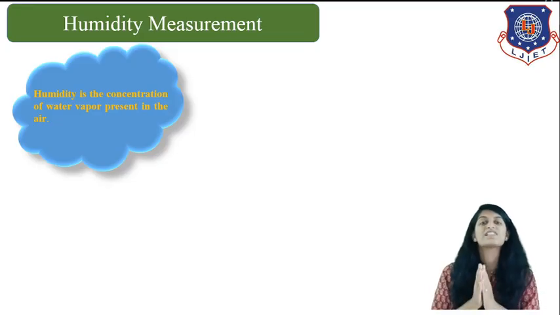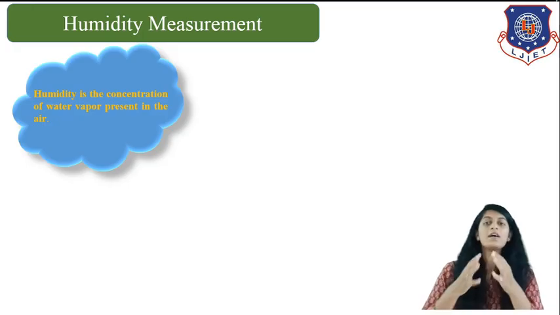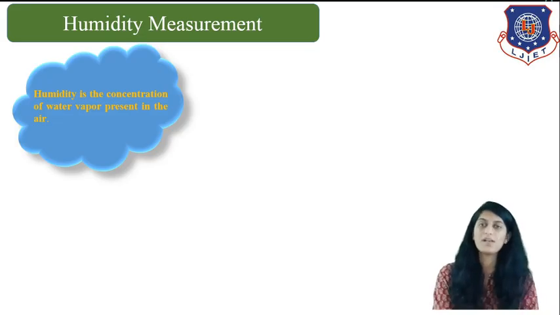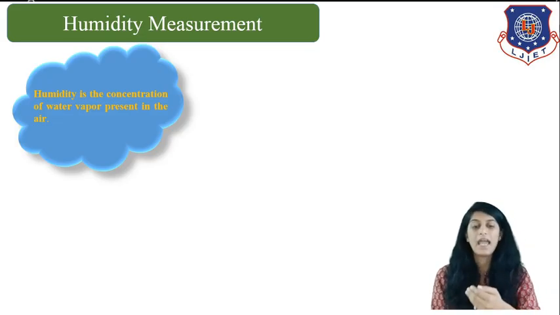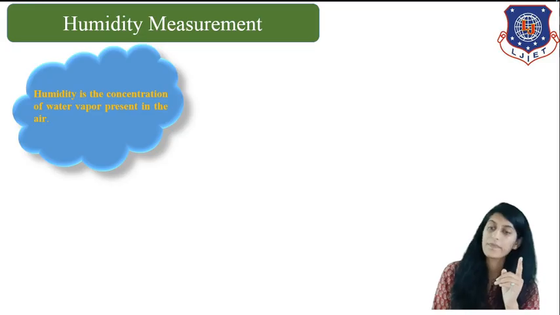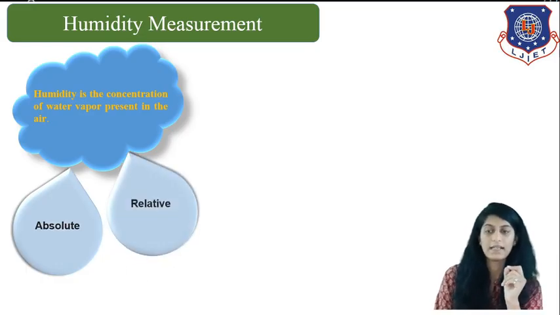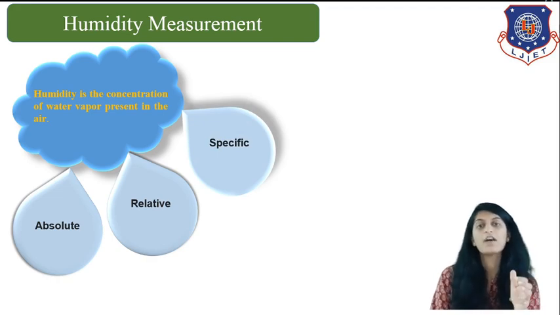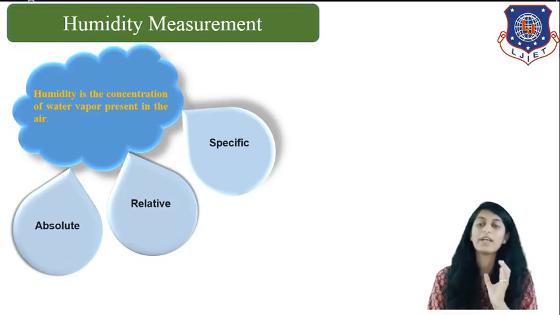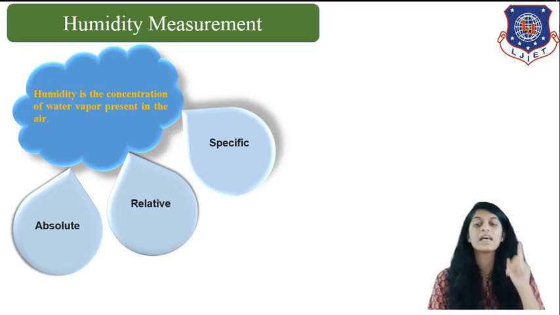Humidity is basically the presence of water vapor in the air, or we can also say the amount of water vapor in ambient air or atmospheric air is termed humidity. Humidity is classified into three different categories: absolute humidity, relative humidity and specific humidity, depending on how the humidity is generated and how it behaves.